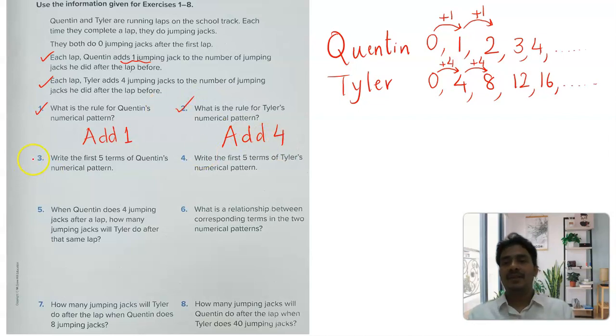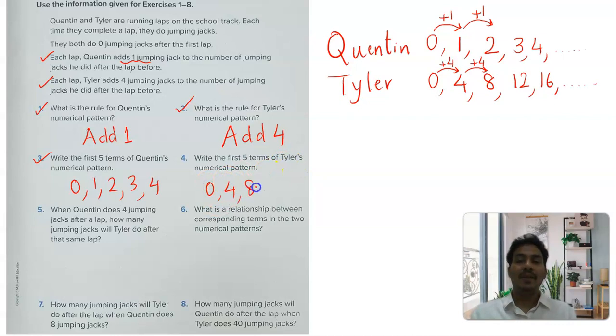Next. Write the first 5 terms of Quentin's numerical pattern. We have written already 0, 1, 2, 3, 4. Write the first 5 terms of Tyler's numerical pattern. 0, 4, 8, 12, 16.